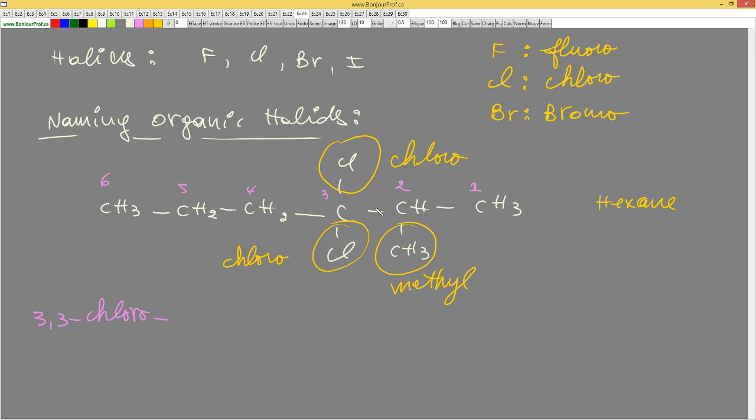The methyl is in the position 2, so 2-methyl, hexane. This is the name.